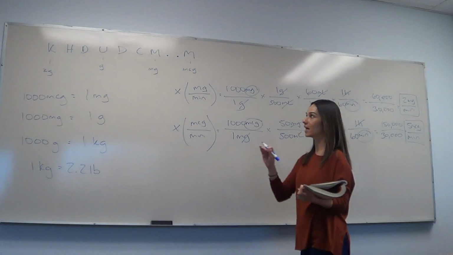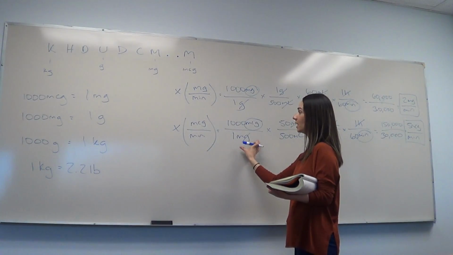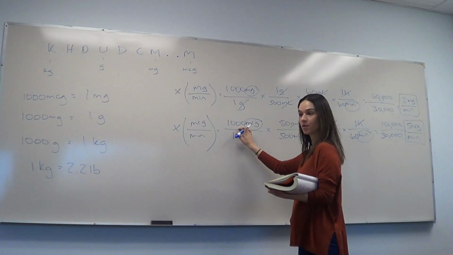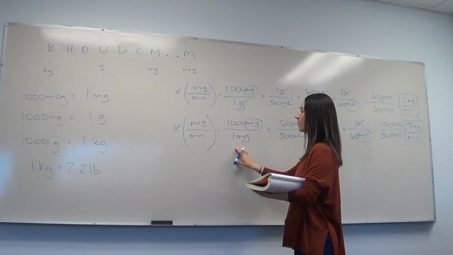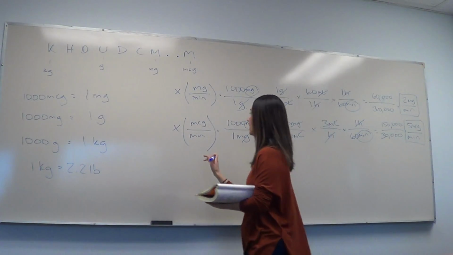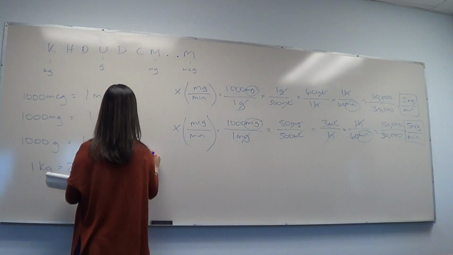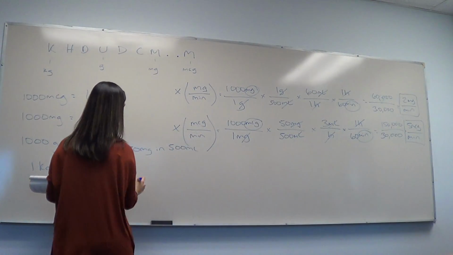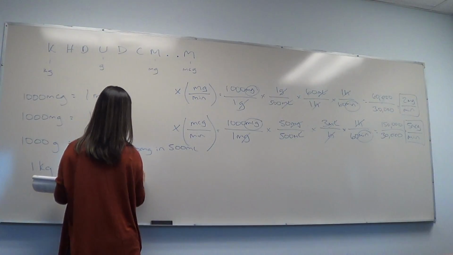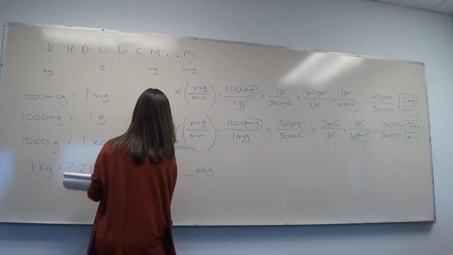And again, if you like the King Henry's way, because we needed to get the micrograms, we could have went ahead and converted. It says we have 50 milligrams in 500 ml, right? But we need to start with micrograms, so you should have thought 50 milligrams equals how many micrograms, right?